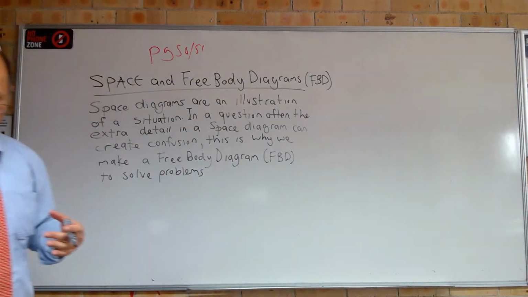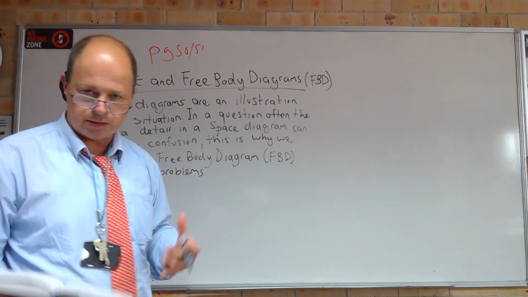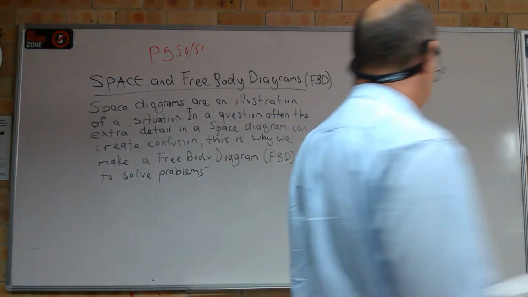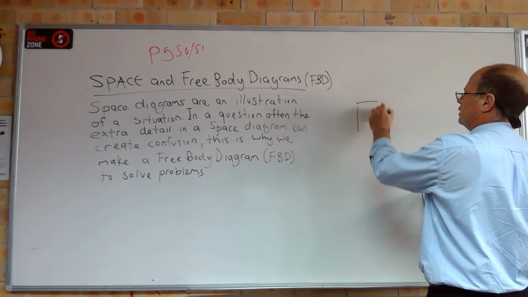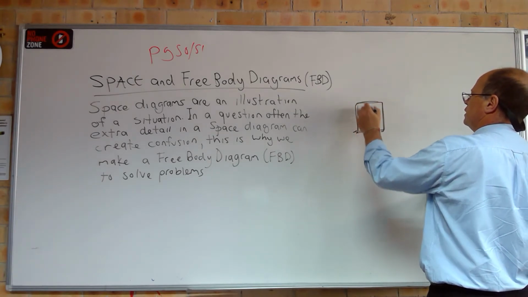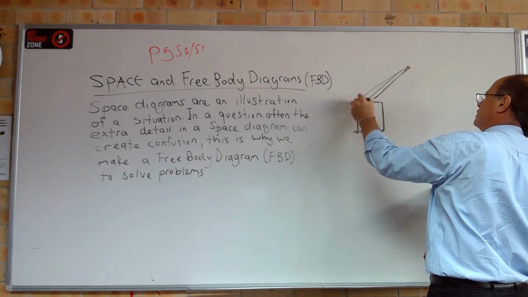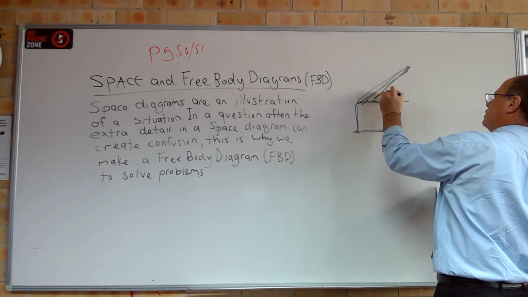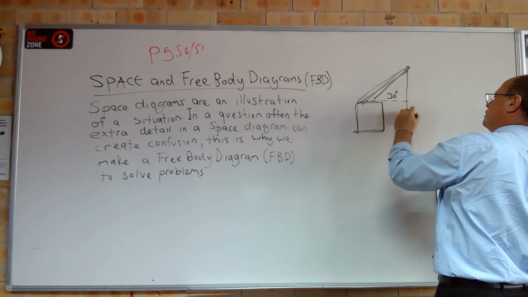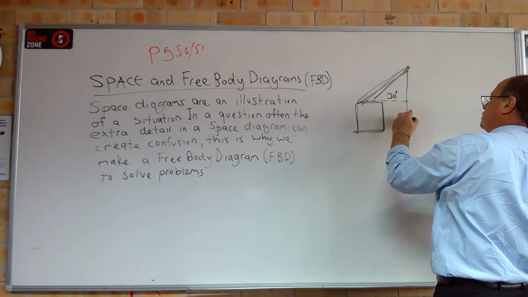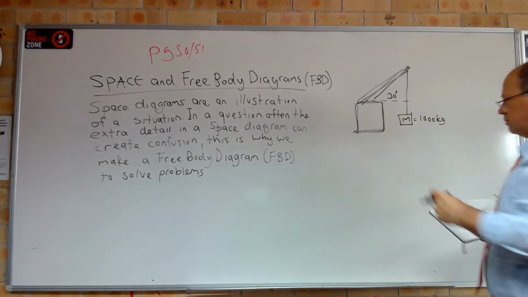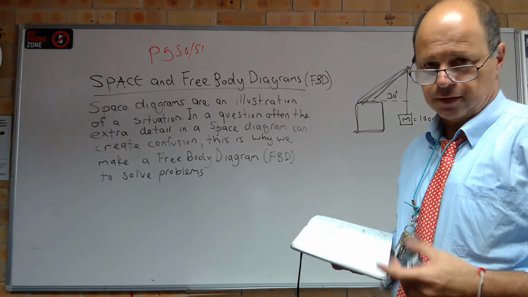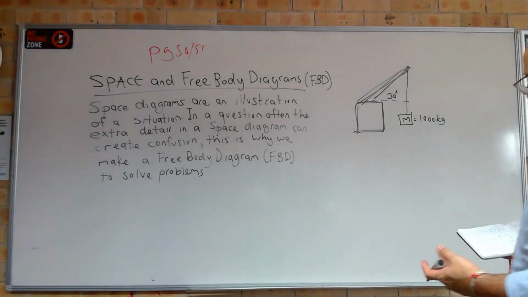And we're given a really nice illustration of the difference between those types of diagrams. You know, you might have a picture of a crane, and it's lifting a weight. And you're asked to create a free body diagram for that type of situation.